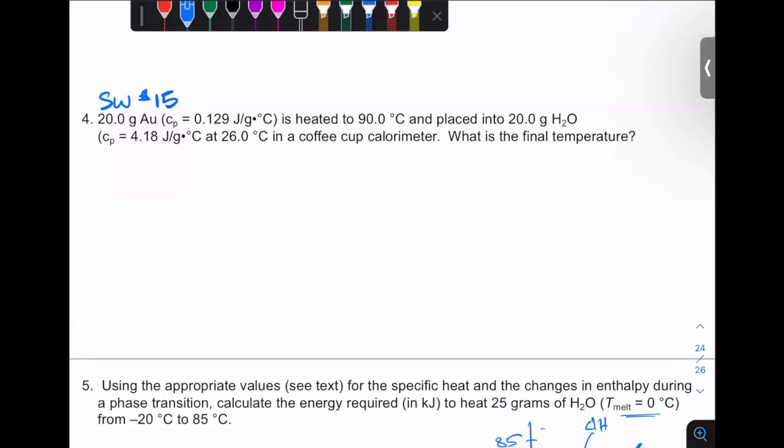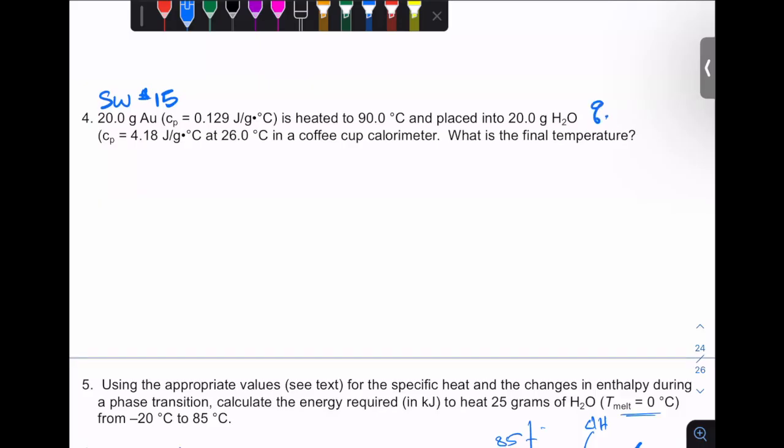So to solve this, it's a little bit tricky. We're going to take advantage of this relationship: Q of the calorimeter is equal to minus Q of the reaction. And let's just tabulate everything that we've got going in here. All right, the calorimeter. The calorimeter has got 20 grams of H2O. The specific heat capacity of H2O is 4.18 joules per gram degree Celsius.